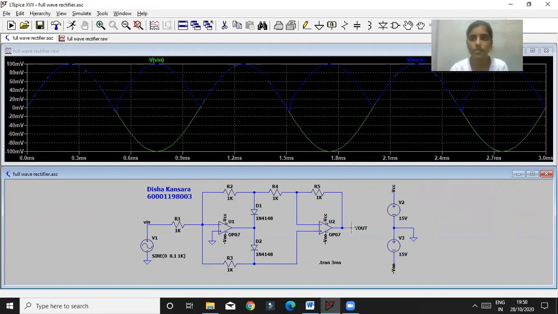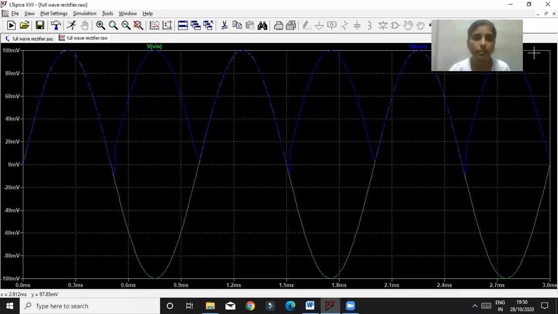So this is the output for the full wave rectifier, where I get the full wave on the positive half cycle.